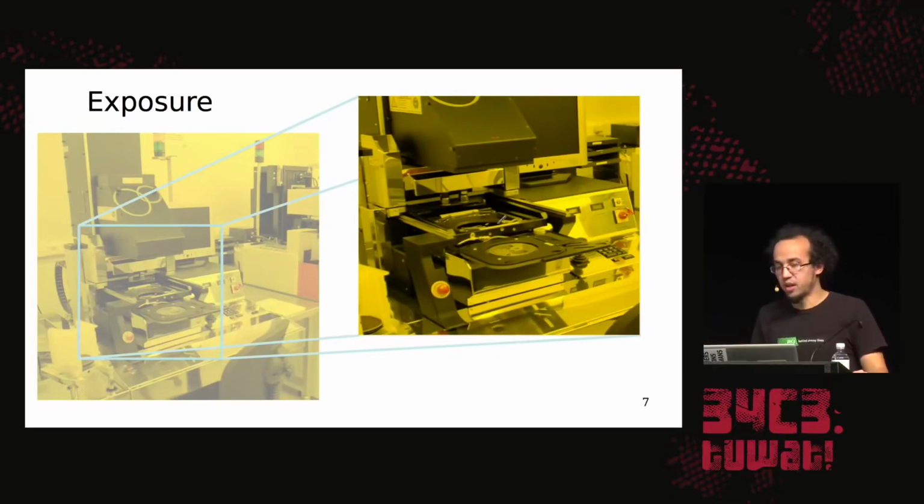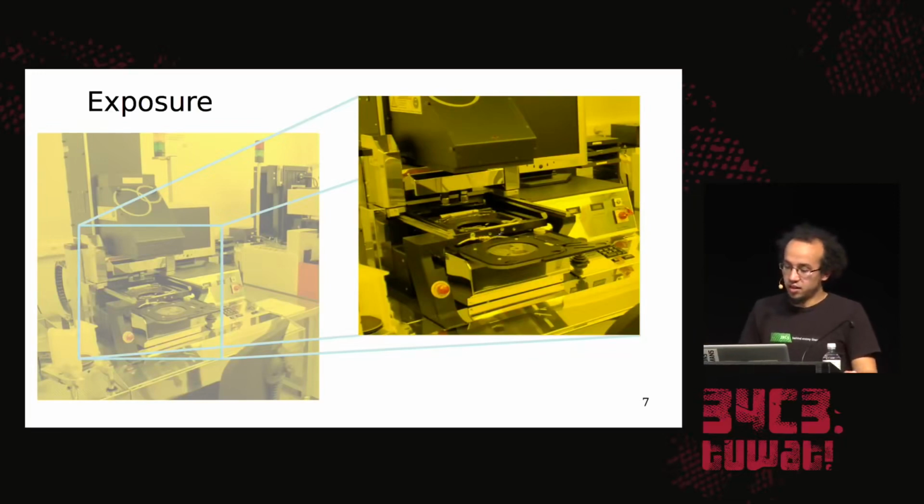Especially if you already have patterns on your wafer, you need to align them to the patterns on the mask. You have to be really careful there, because you have details which are 1 micrometer, so you need to have that order of accuracy in placing the mask to the wafer.